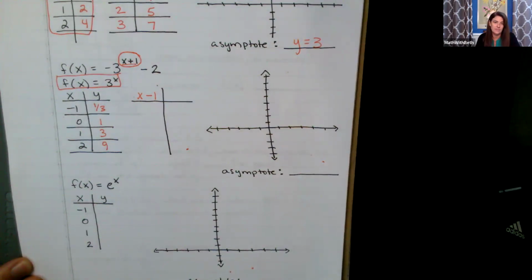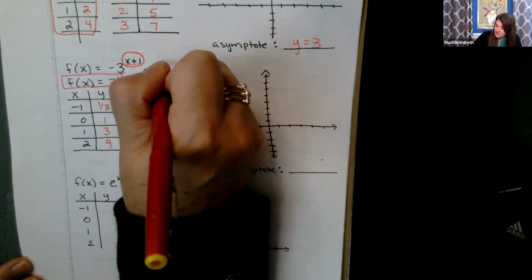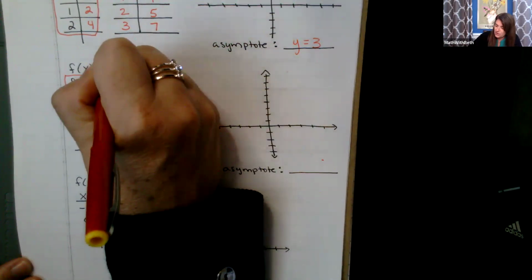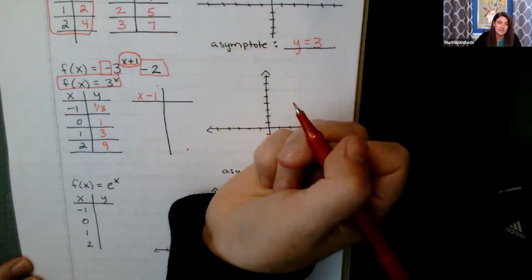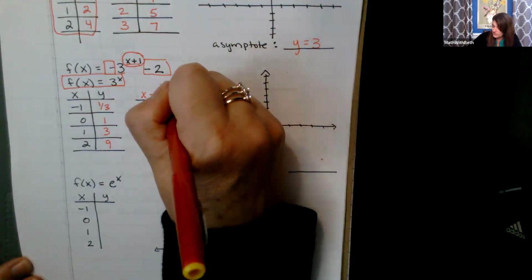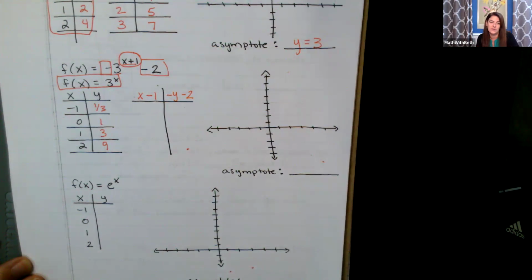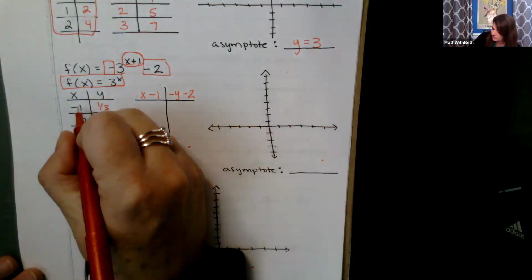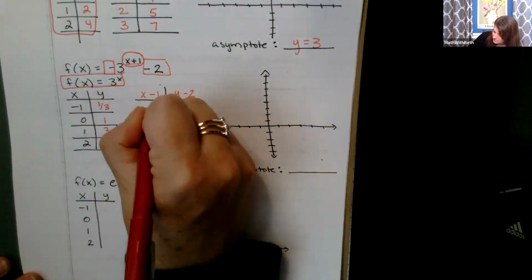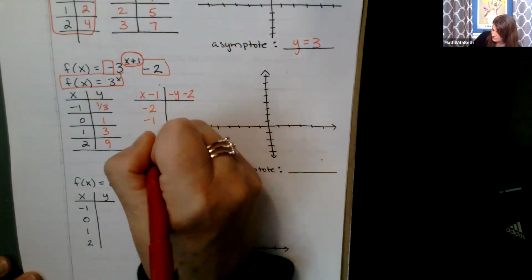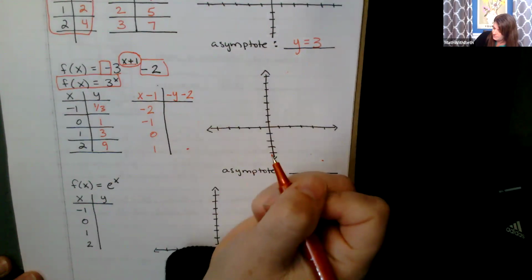So I do the opposite. But outside, I have this -2 and this times -1. So I'm going to need to do both of those things to my y numbers. I'm going to have to multiply them by a negative and subtract 2. So first for the x's, -1 gives me -2, -1, 0, and 1.